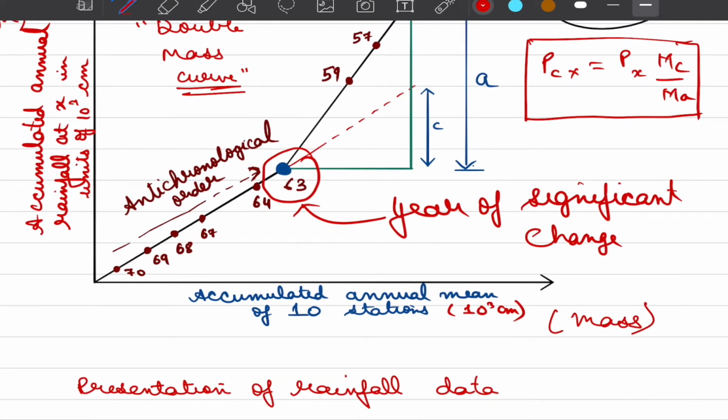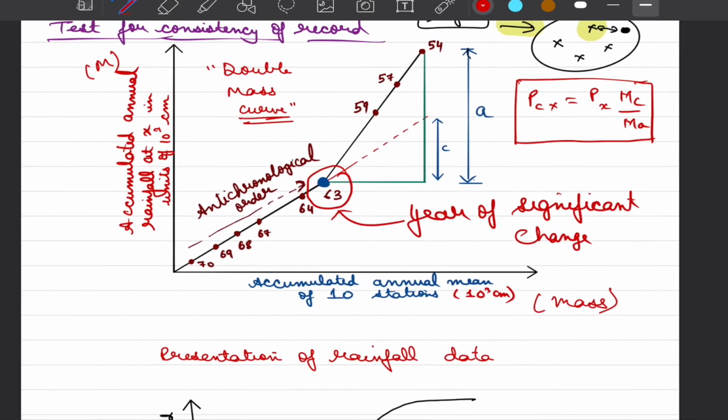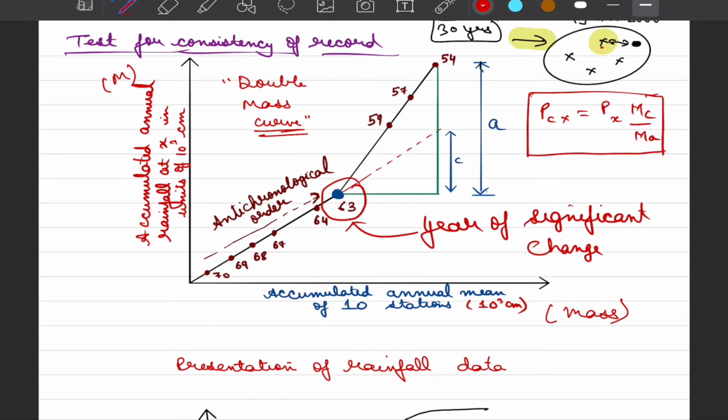Now, on x-axis, we have the accumulated annual mean of 10 stations. What that means is that let us say there are multiple stations, and here I am using the textbook example, which says that let us say that instead of 4 there are 11 stations in our watershed, and one of that particular gauge is the one that is disturbed or for which we are checking the consistency. So 10 plus 1 is the count.